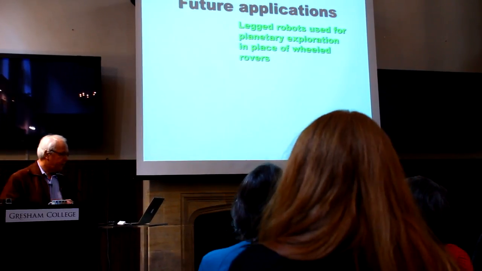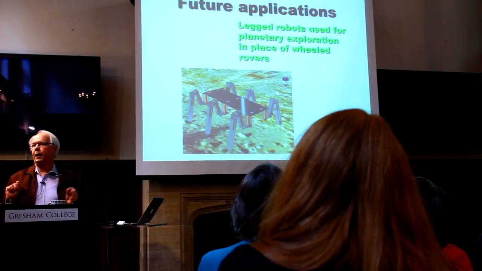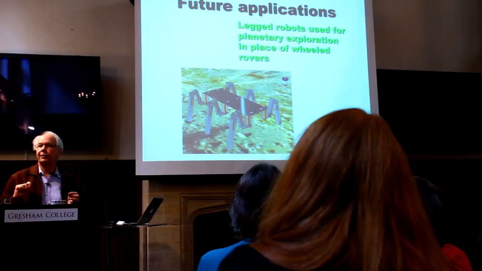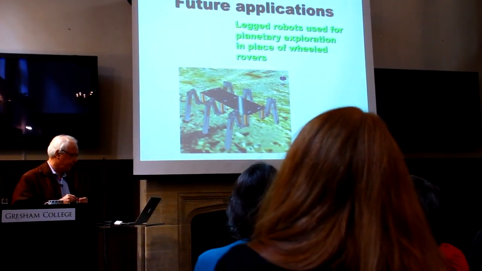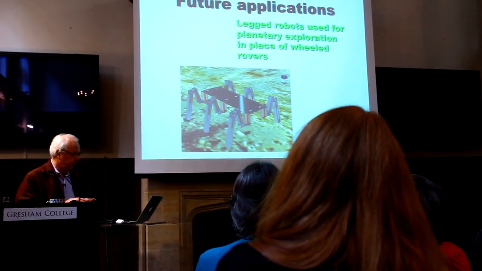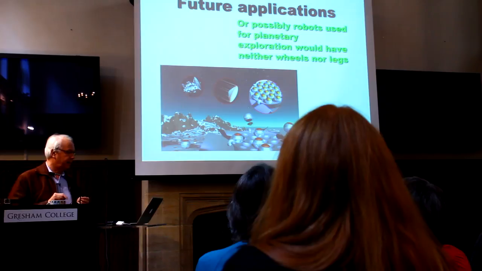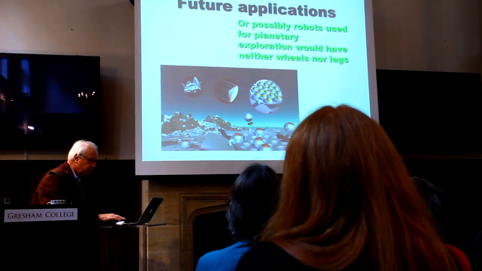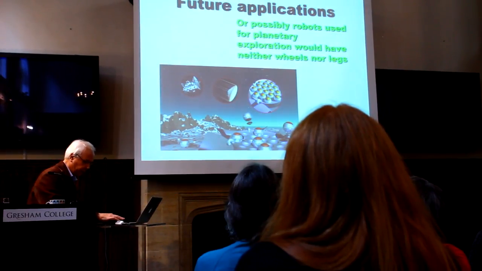Legs will be the coming thing, but not quite yet, because the wheel is a little more reliable, but they've gone to some lengths with the latest Mars rover to make sure that its wheels don't get stuck and so forth. Okay, and future applications: send out robots all over the solar system, if not beyond, and they may not have wheels and they may not have legs either. They may have all sorts of structures.